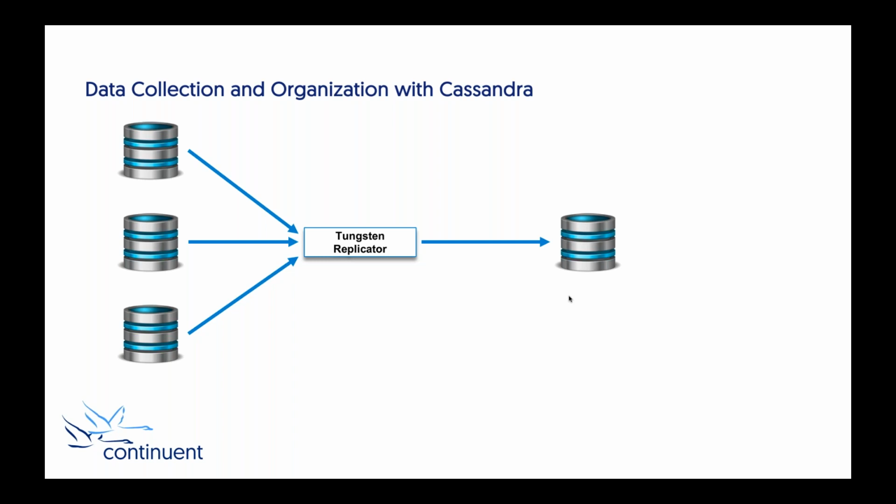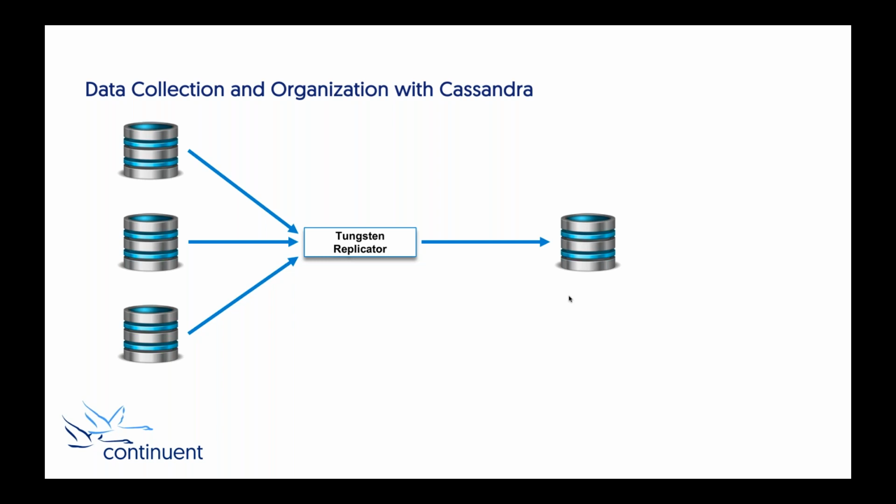So a typical deployment model within the replicator is our concentration model, our fan-in model, where we're taking data from a wide variety of different source databases, by which I mean just different MySQL or Oracle instances, and pulling that information in. You want to take all of that information in and ultimately write it out to your standard Cassandra instance.